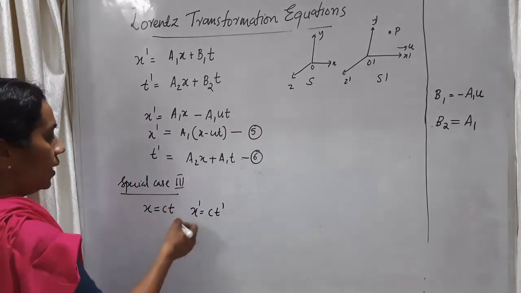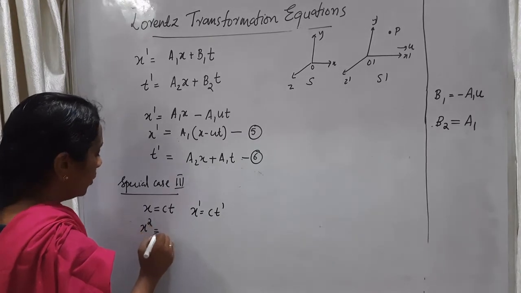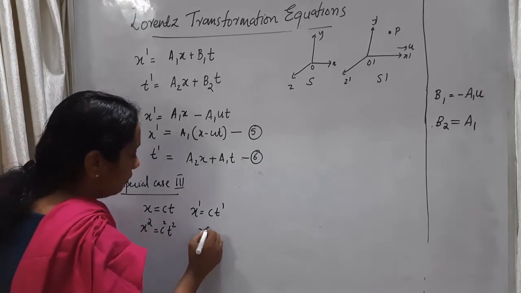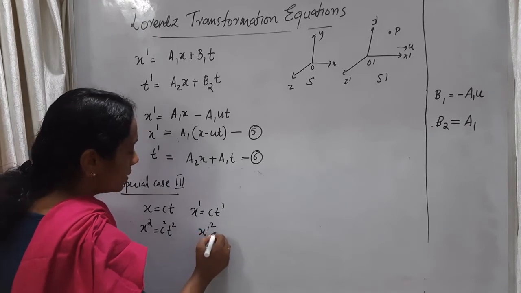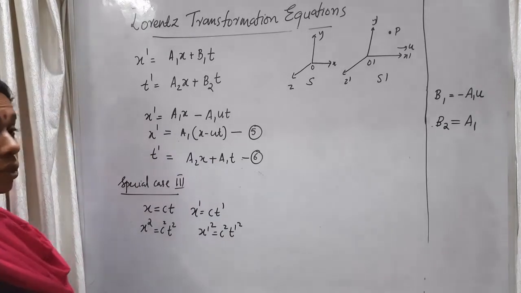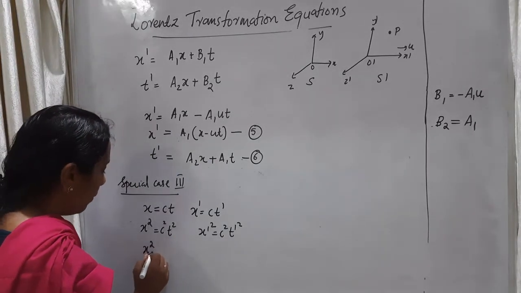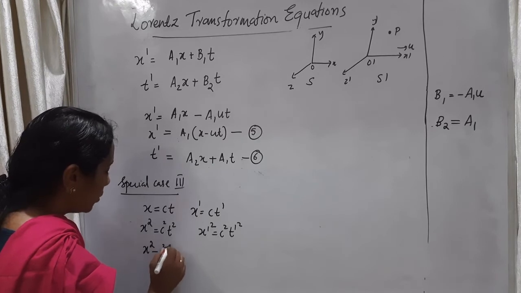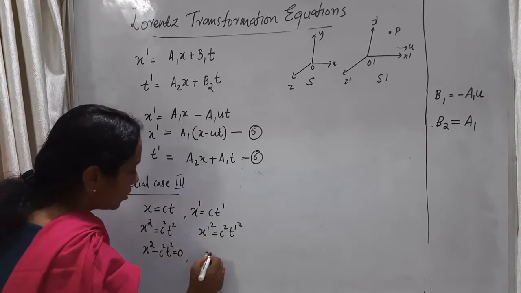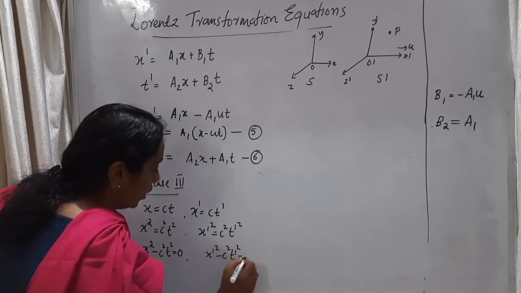So let me square both these equations. I can write x square is equal to c square t square. This equation on squaring, we get x dash square is equal to c square t dash square. So rewriting this equation, I can write it as x square minus c square t square is equal to 0, as well as x dash square minus c square t dash square is equal to 0.